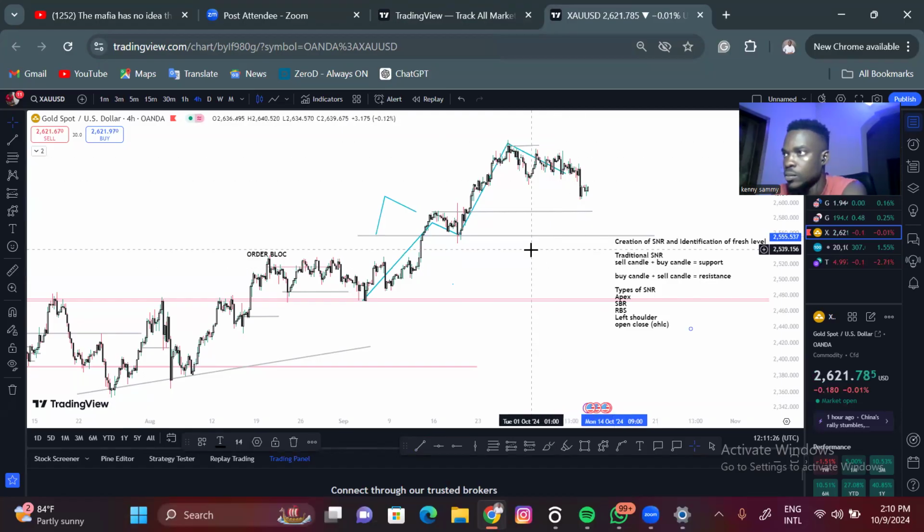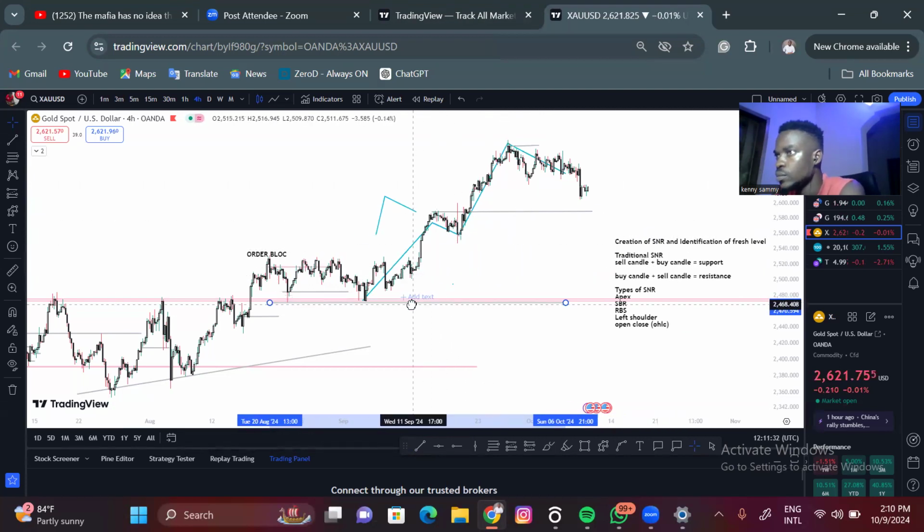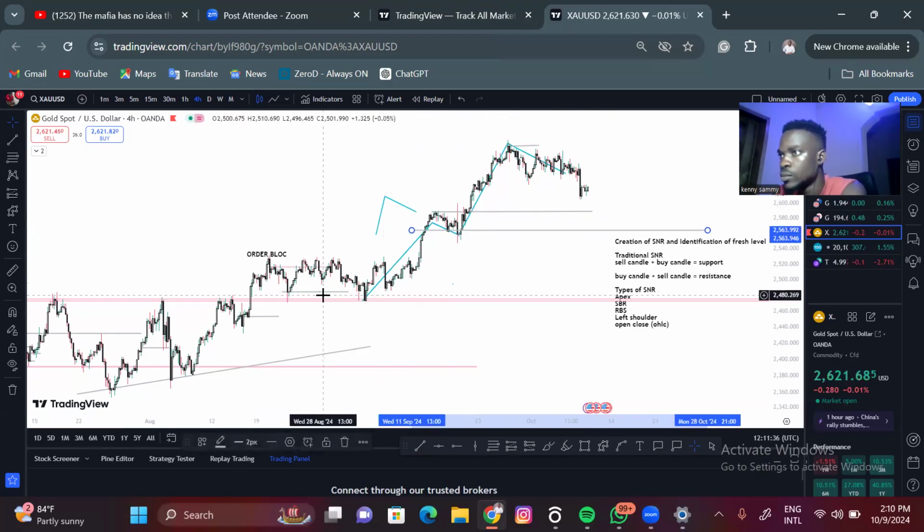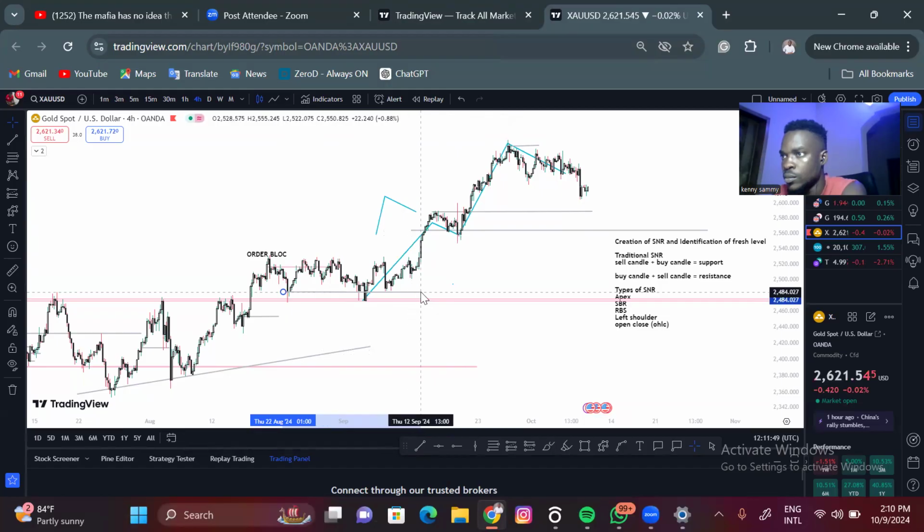When the support breaks, how do we see it? Okay, let me give you an instance. We have a support level here. As you can see, we have a sell candle with our buy candle beside each other, and it was broken. How did it get broken?